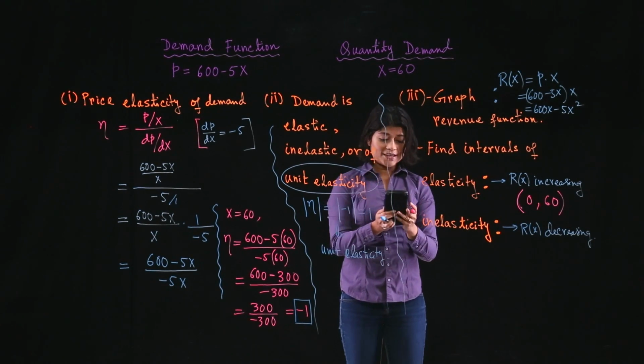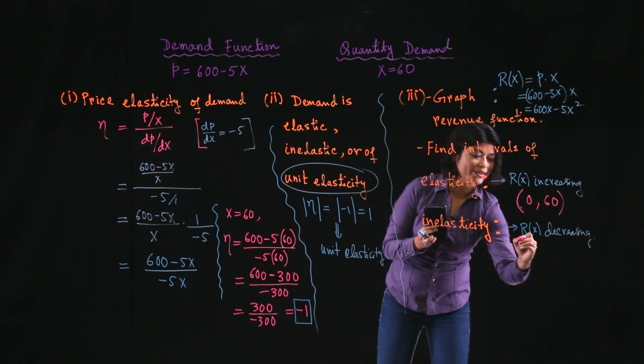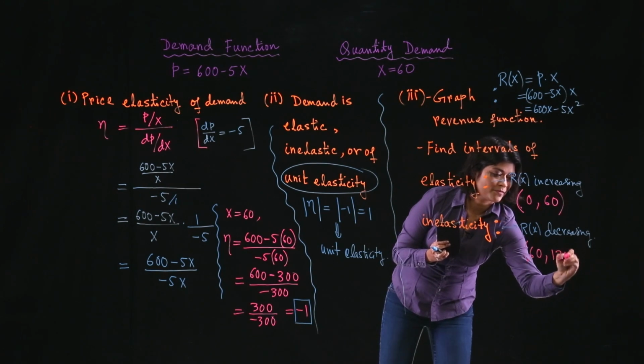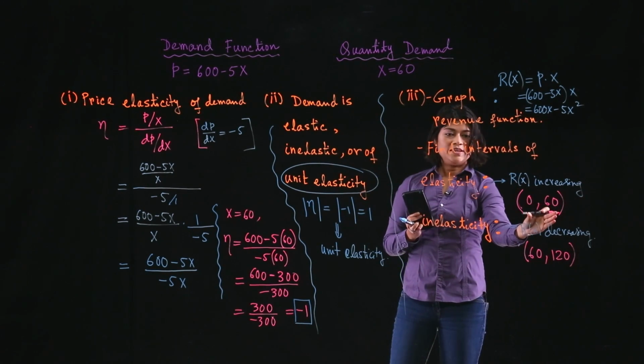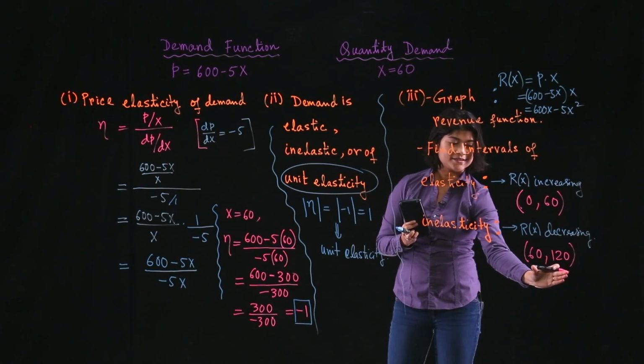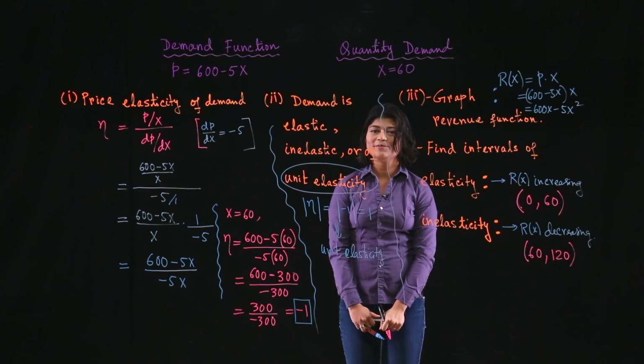All right, where is it decreasing? Well, starting from 60 all the way up to 120. So that's where it's decreasing. So, the interval of elasticity is 0 to 60 and inelasticity will be 60 to 120. That completes the problem.